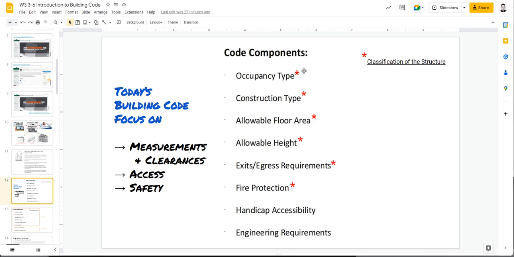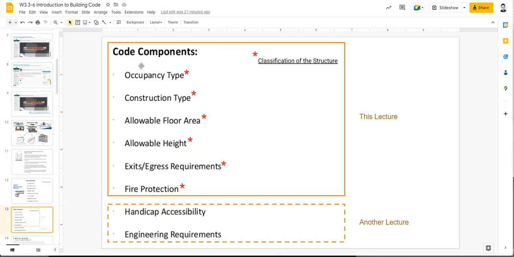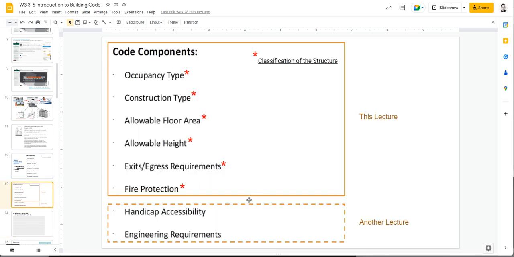They look at all of these at the very start. So we're going to focus our lecture today on these components, and we are going to reserve handicap and accessibility for another lecture.